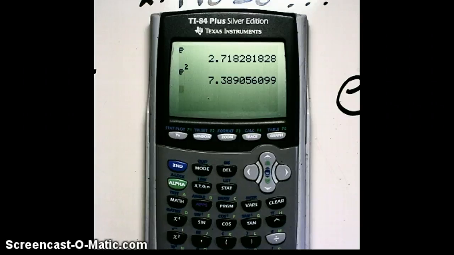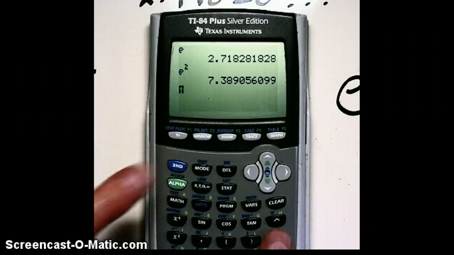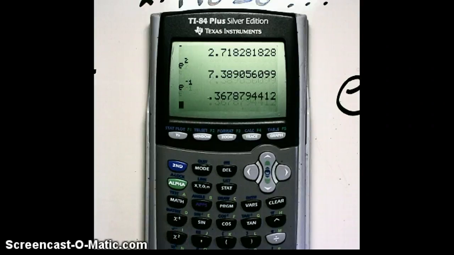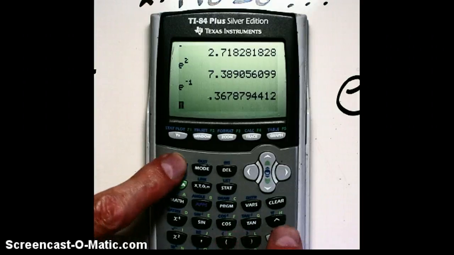Could I do e to the negative 1? Second e, and then I could hit this x to the negative 1 key to be fancy. And, well, yes, we thought it was a little bit more than 0.33. And how about e to the 2.13? So now notice what we're doing. We're doing an irrational base to a decimal number. This is exciting, folks.